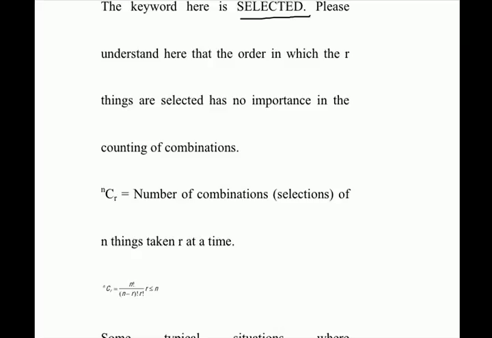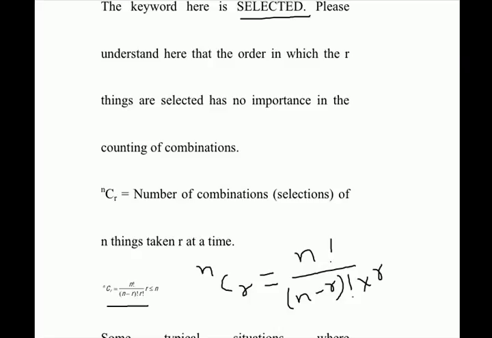So the formula, which may not be very clear here, so let me just write it down quickly: NCR, if R things are selected from n objects, then the number of ways in which that can be done is n factorial divided by n minus r factorial multiplied by r factorial.